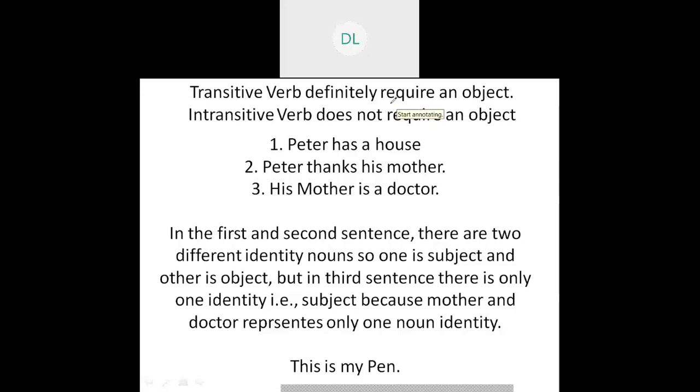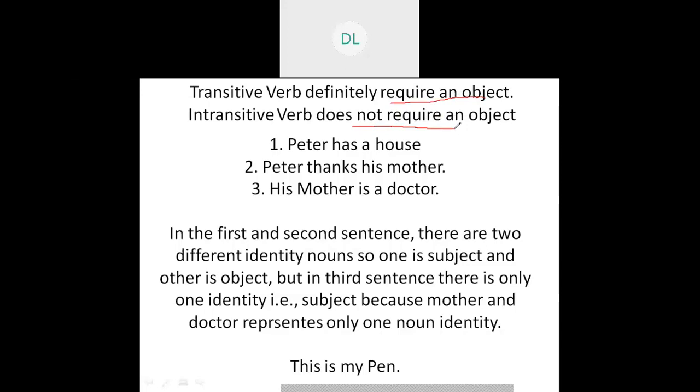An intransitive verb is a verb which does not require an object. For example, when I say the doctor treats the patient, doctor is the main identity in the sentence and the patient is another identity in the sentence.